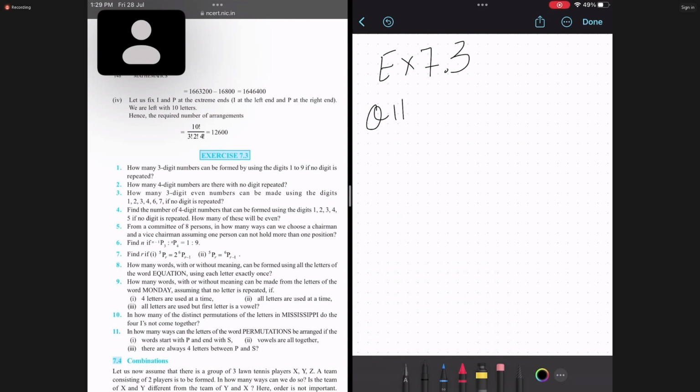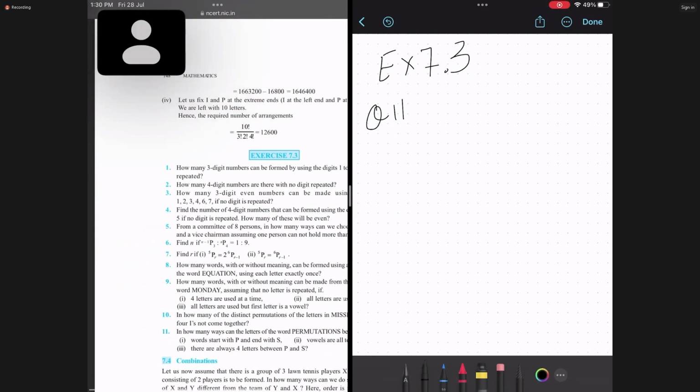Question number 11. In how many ways can the letters of the word PERMUTATIONS be arranged if the words start with P and end with S, vowels are all together, and there are 4 letters between P and S?